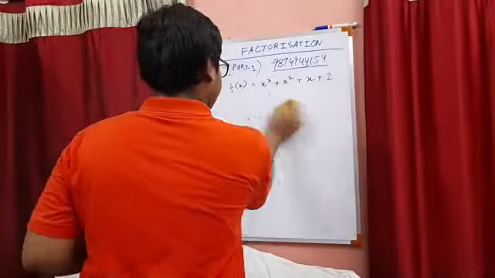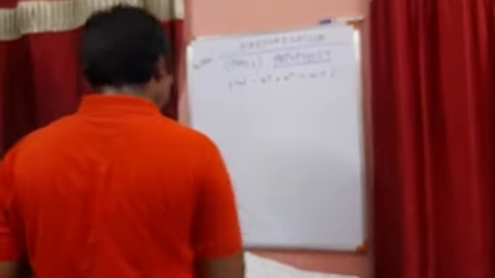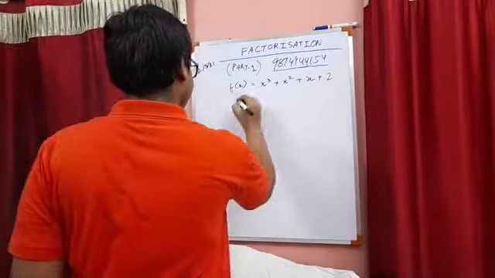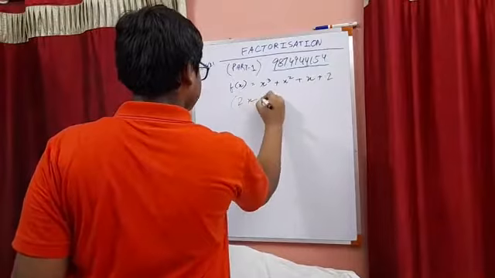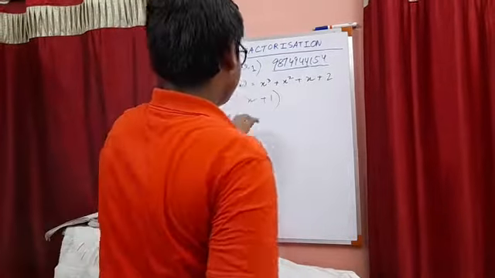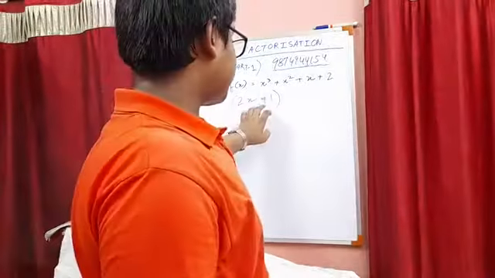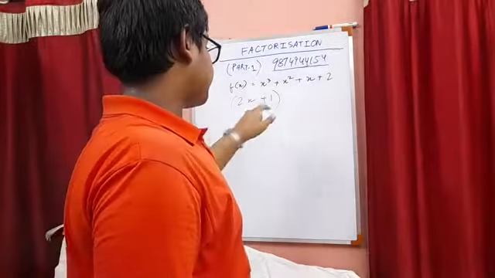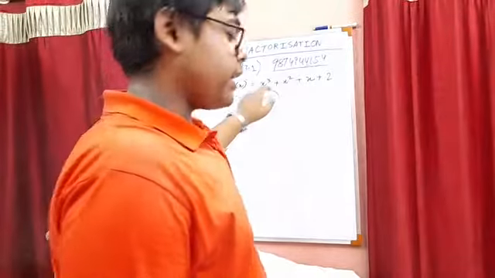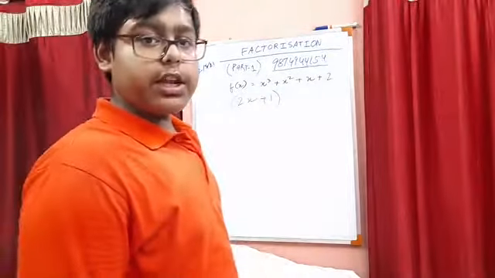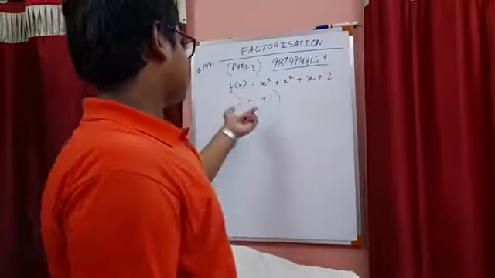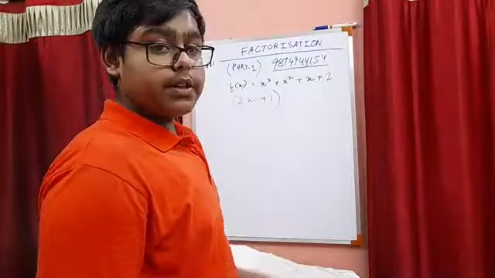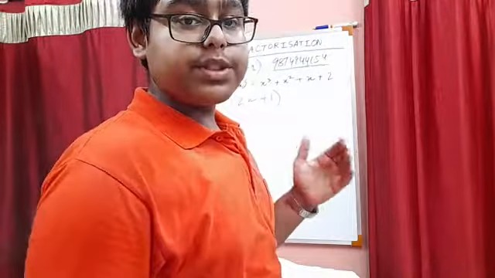Now there might be some cases in which the number we need to divide the polynomial by is written like this: 2x plus 1. First of all, if there is a sign between the variable x and another constant integer, and that sign is positive, we will take the negative sign, because the number will go to the other side when substituting 0.